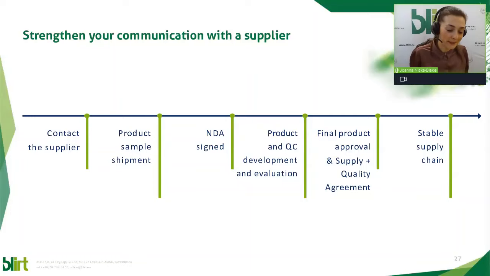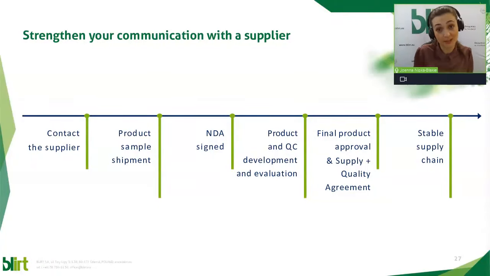So I'm approaching the end, and I would like to leave you with a take-home message on how to strengthen your communication with the supplier. It all starts with an idea in your head, when you think of certain tests and reagents that you need to develop. So first of all, you're looking for suppliers, and you contact several.